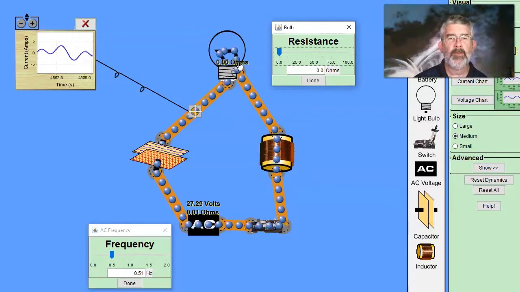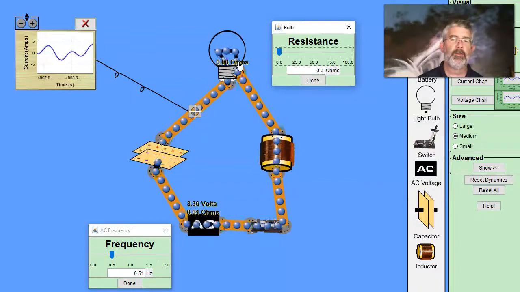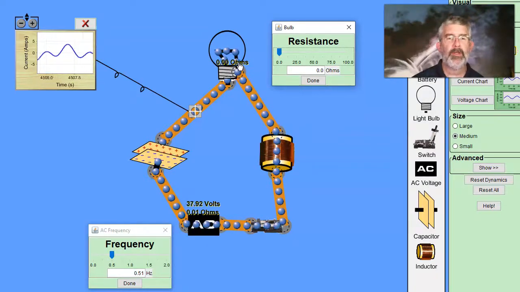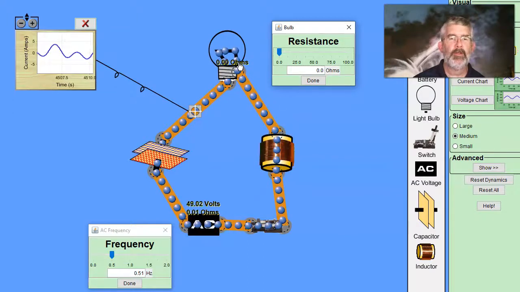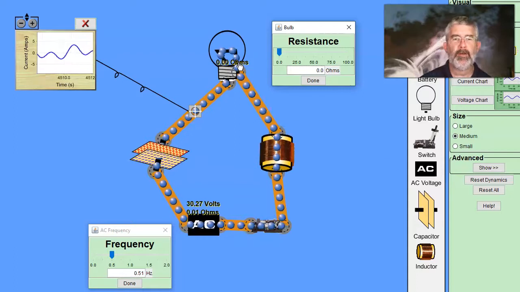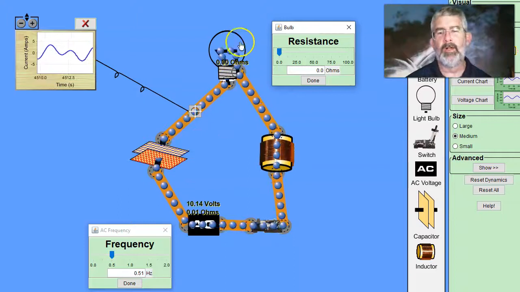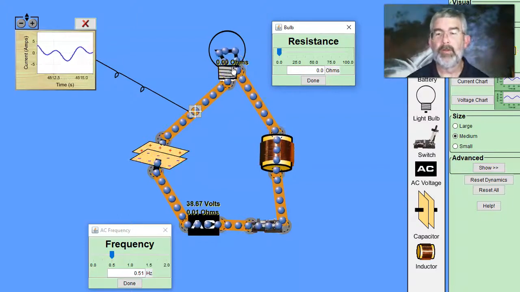Actually, what this is looking like to me is starting to look like a beat, because I see a pretty big amplitude there, but then smaller amplitude for a bit, and then a big amplitude again, and a smaller amplitude. Am I starting to see beats? Well, it's undamped in this case, so yes, I think I am.